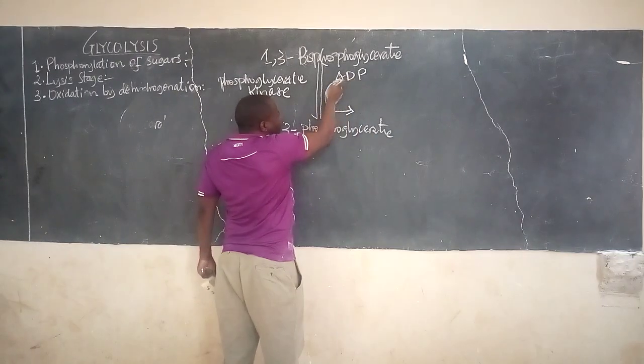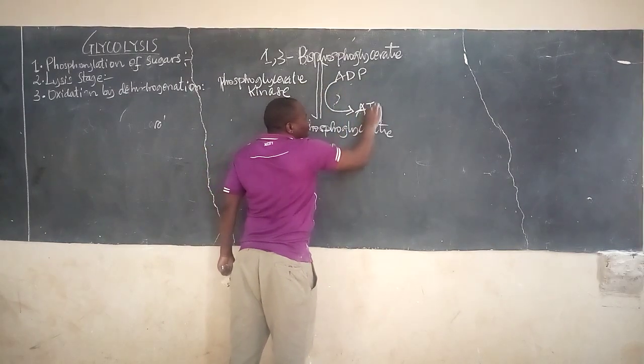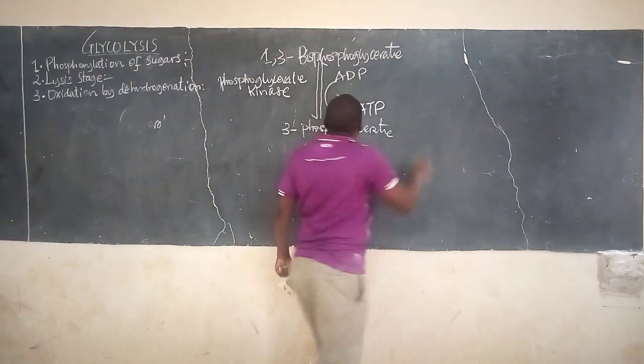So an ADP, after attaining one inorganic phosphate, automatically changes into ATP.